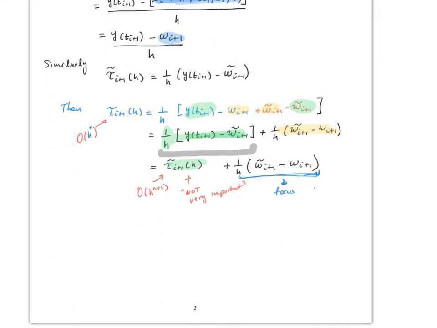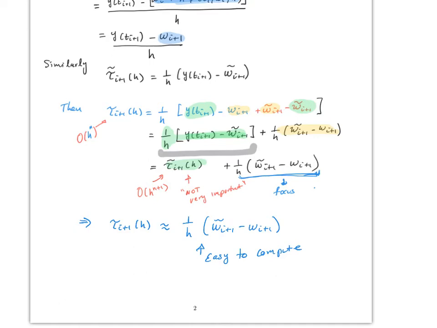Therefore, this implies that tau_{i+1} of h is approximately equal to 1 over h times w̃_{i+1} minus w_{i+1}. And this is easy to compute. It doesn't mean it's fast, but it's easy to compute.